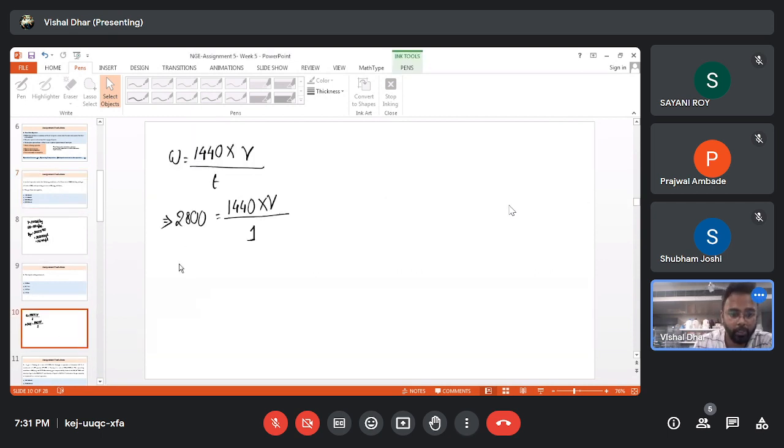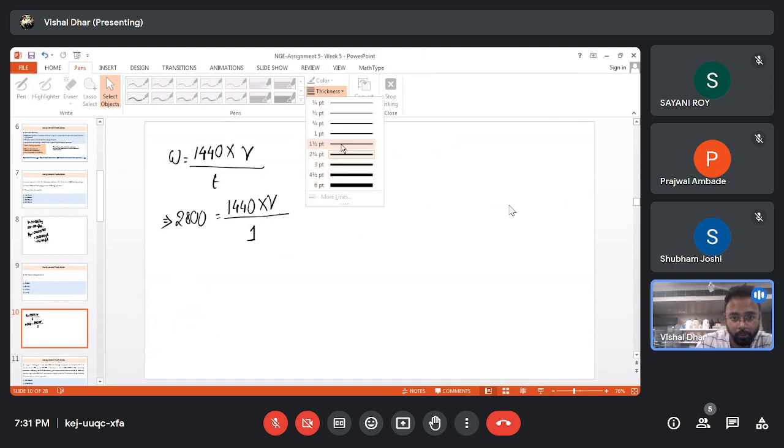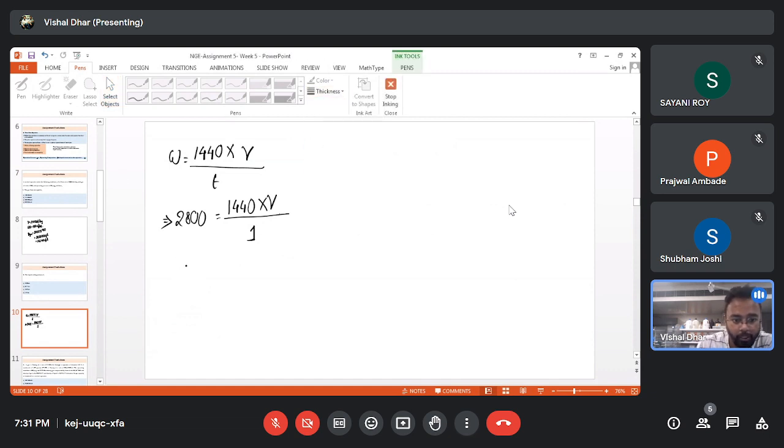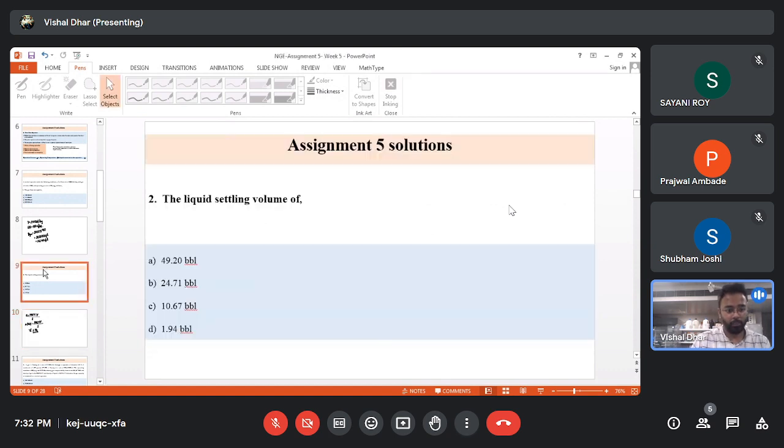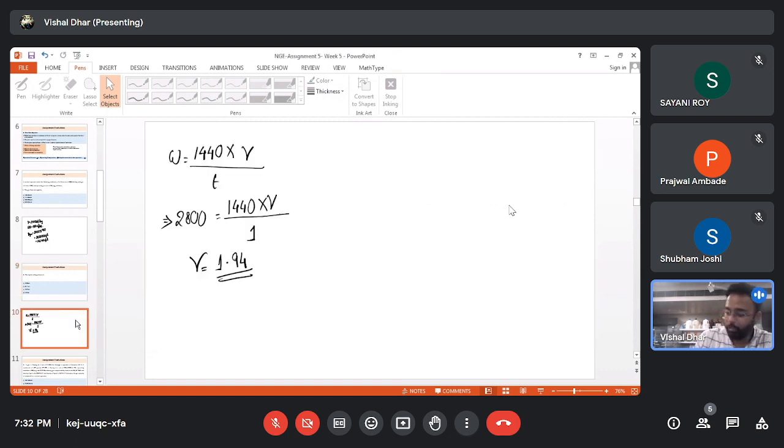So if you solve this one, the volume should come out as 1.94. So this is the answer. The correct option is option D, 1.94 barrel. Okay, so write down this numerical.